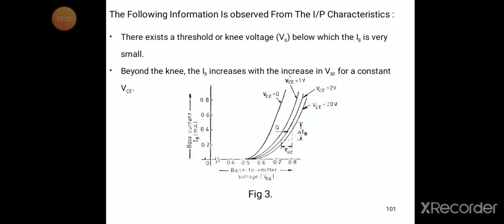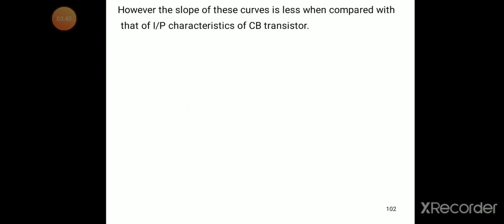Beyond the knee voltage, the IB increases with increasing VBE for a constant VCE. If we increase VBE, IB automatically also increases. That is shown in the characteristic graph.